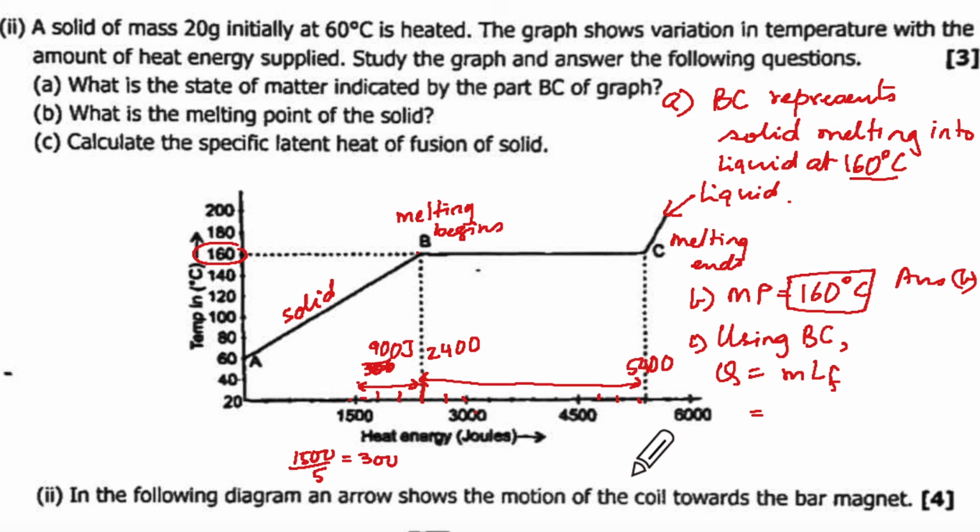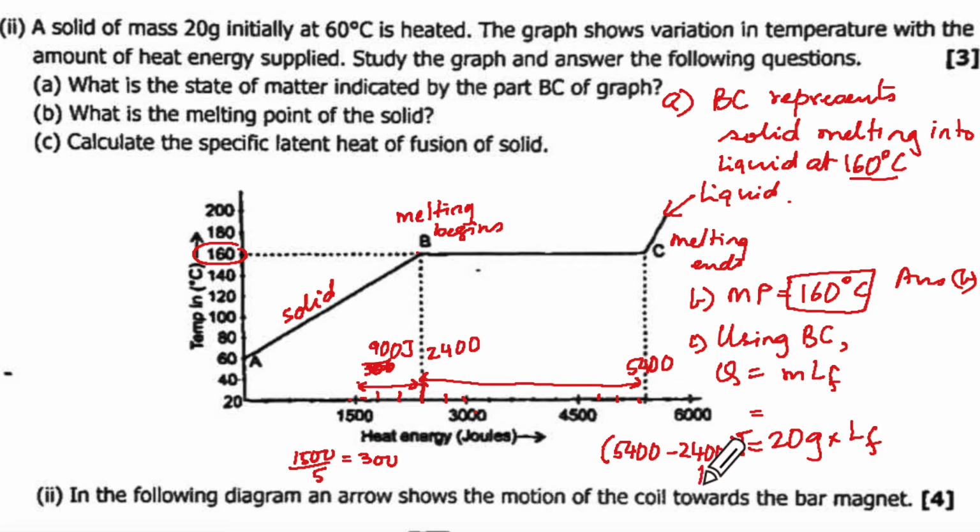Correct? So what is the value of Q? It is 5400 minus 2400, correct? Is equal to mass, 20 grams they have given, so it will be 20 grams, this is joules, multiplied by LF. How much is it? 3000, right?